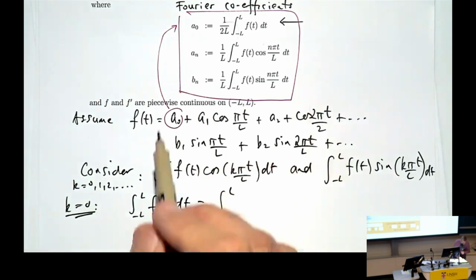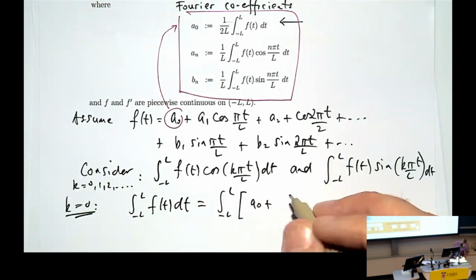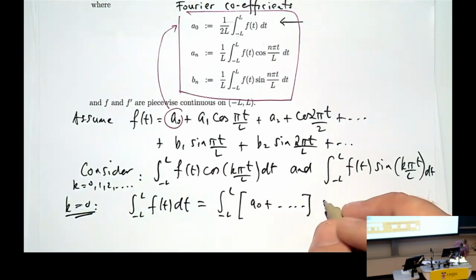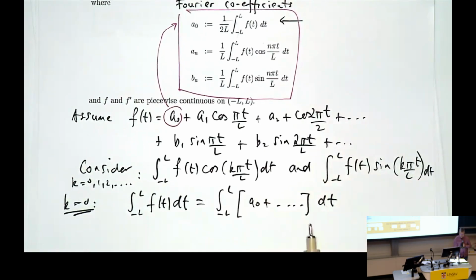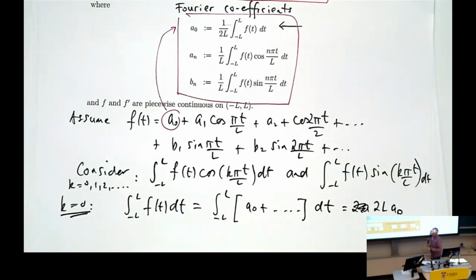So now I'm integrating this mess here. Now all of these are going to be 0, right? When you have a periodic function and you're integrating from, say, negative L to positive L, the integral is going to cancel out when you multiply through by cosine.